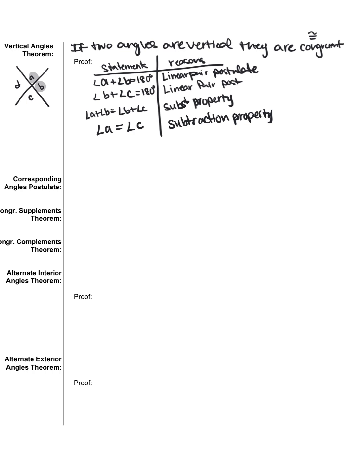Subtraction property. And right here, those two are vertical angles. So we just went through and proved them. What did we have to know? We knew that angle A and angle C were vertical angles. That's what we had given to us. Angle A and angle C were vertical angles. I just forgot to put that at the top.